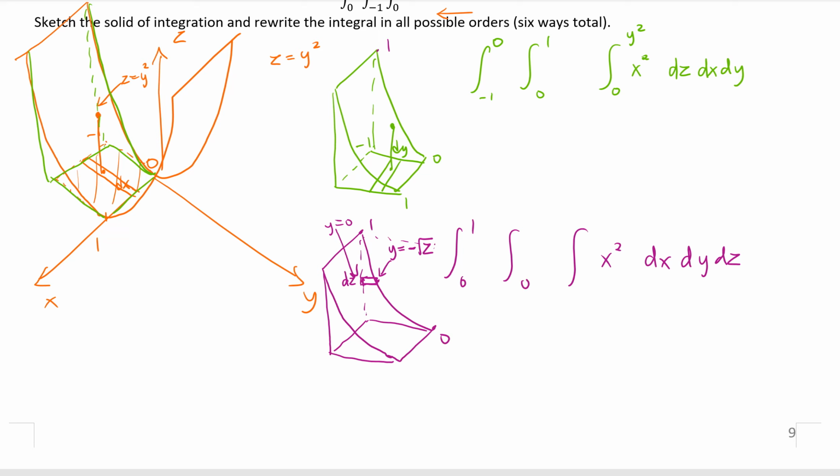So y is from minus 1 to negative square root of z. Sorry, this is y equals negative 1. So far so good, everybody? So this is the z, this is the y, and then how about the x? Well, for any points on here, the x is also from 0 to 1. So far so good, everybody?